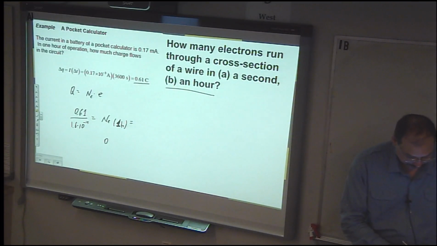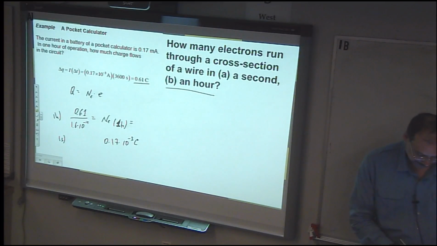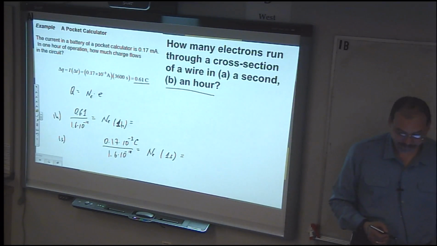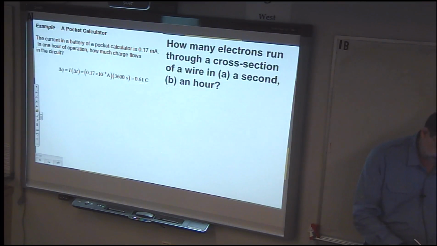So for 1 second, 0.17 times 10 to the negative 3 coulombs travels every second, divided by 1.6 times 10 to the negative 19. That will be the number of electrons traveling per second. And again, someone can tell me a number if you want to. Questions, please. All right. You don't want to tell me a number.